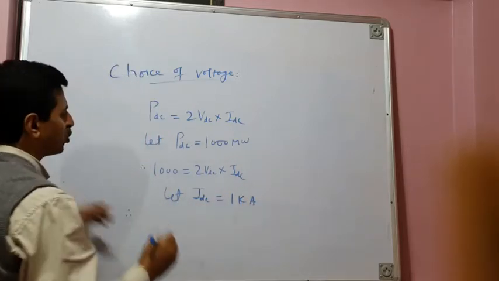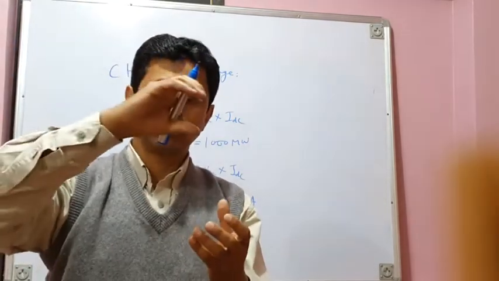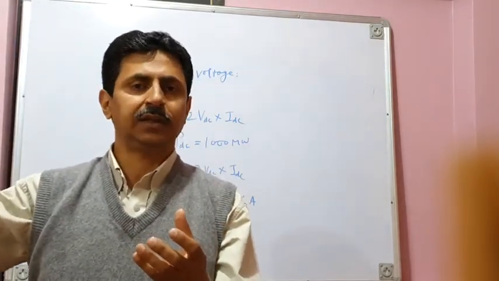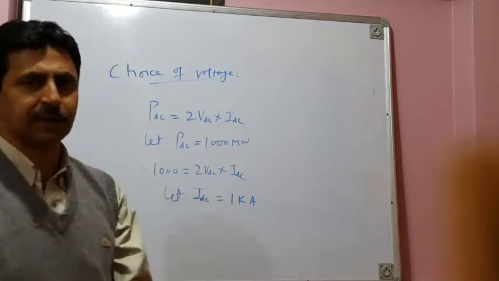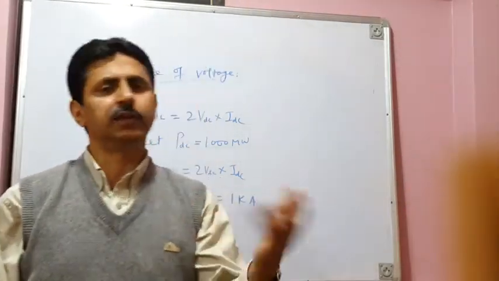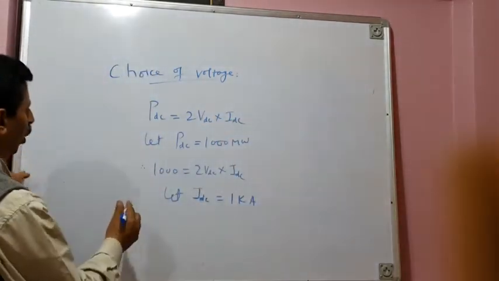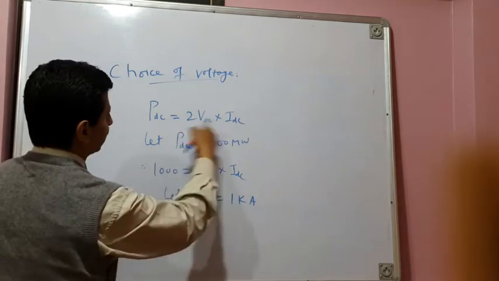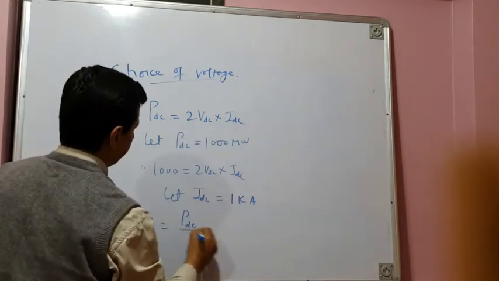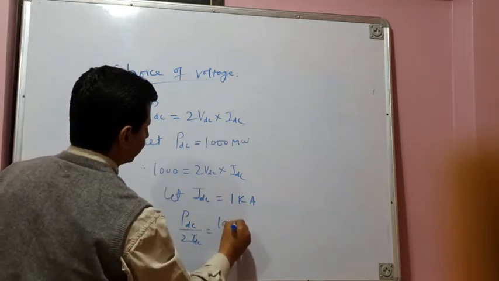So therefore, once you have chosen the current which has to flow through the transmission line, and this line has to transmit a power of 1000 megawatts, this will very easily give you the operating voltage of the link. So operating voltage of the link, VDC, is from this equation. It is PDC by 2 IDC. What is the power which you are intending to transfer?